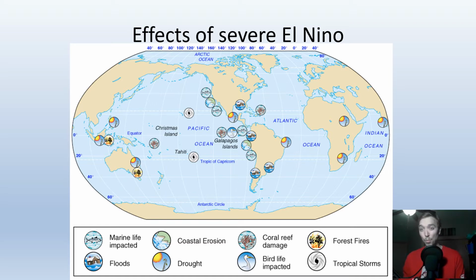This is pretty typical, pretty well observed. We see tropical storms forming and impacting areas like Hawaii. We see coral reef damage along the Galapagos. This gives a general sense of how severe El Niños can really impact and negatively alter a lot of these coastal regions and shallow ocean regions.